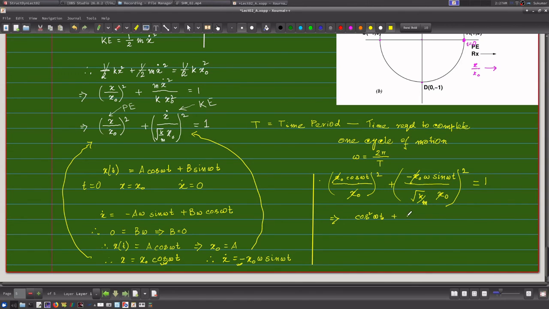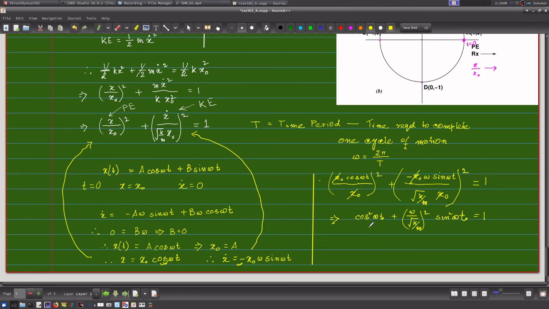So if I take it up, then it becomes omega by root over k by m, whole square, into sine square omega t, must be equal to 1.